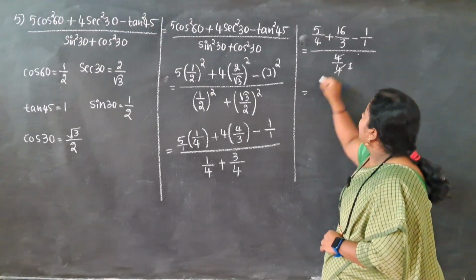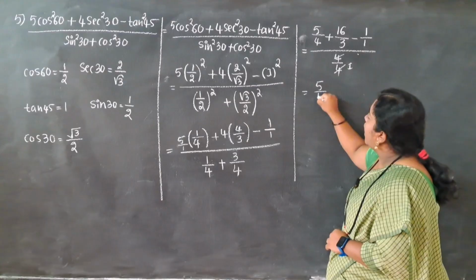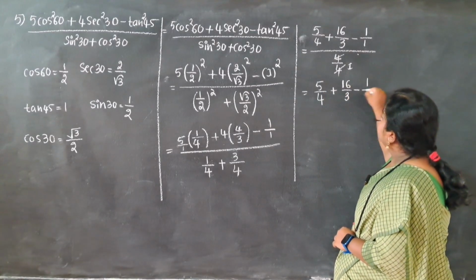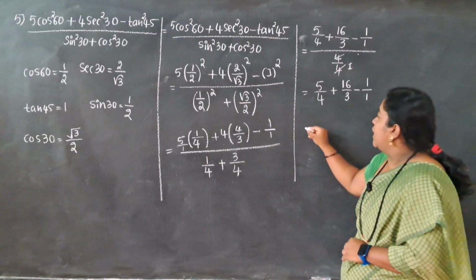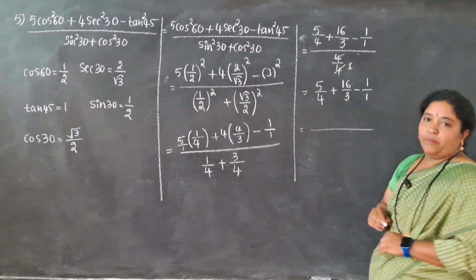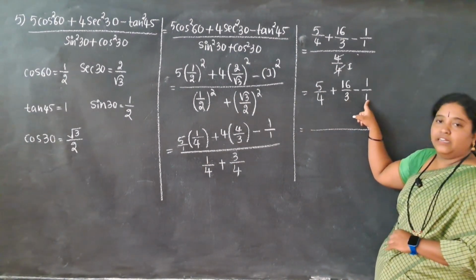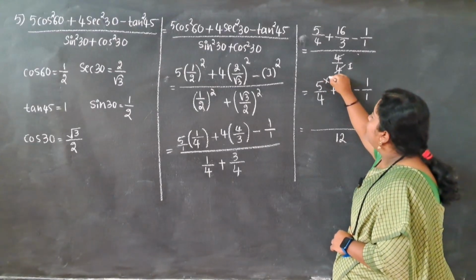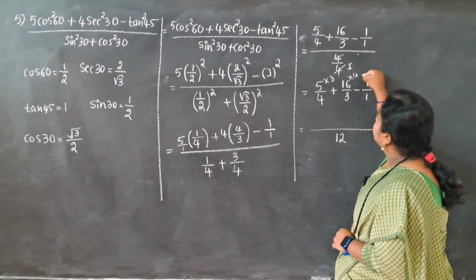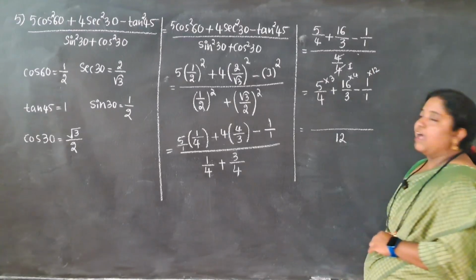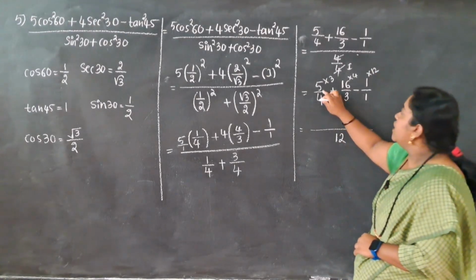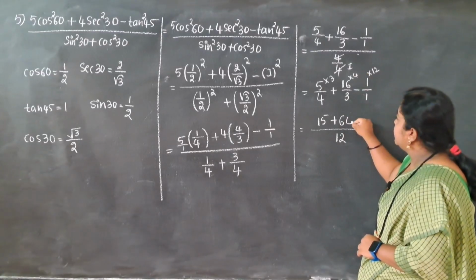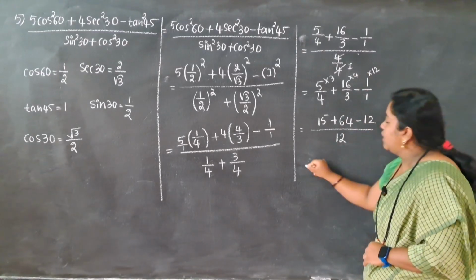What is there in the numerator part, dears? 5 by 4 plus 16 by 3 minus 1 by 1. Now, what is the LCM of the denominators 4, 3, 1? LCM will be 4 threes are 12. So here, 4 threes are 12, 3 fours are 12, 1 twelves are 12. We'll simplify here. 5 threes are 15, 16 fours are 64, 1 twelves are 12.